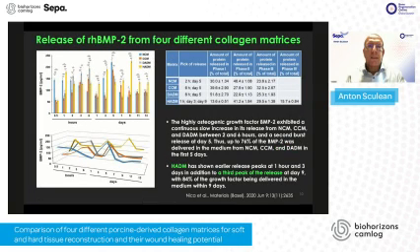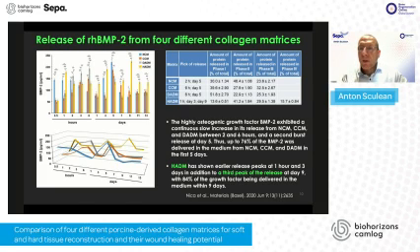Now, if we look at BMP2, it is very important to see the difference. Please look again at this small table at the upper right corner. We have the 4 different matrices, and we can see that all 4 matrices release BMP2 up to a couple of days and weeks.